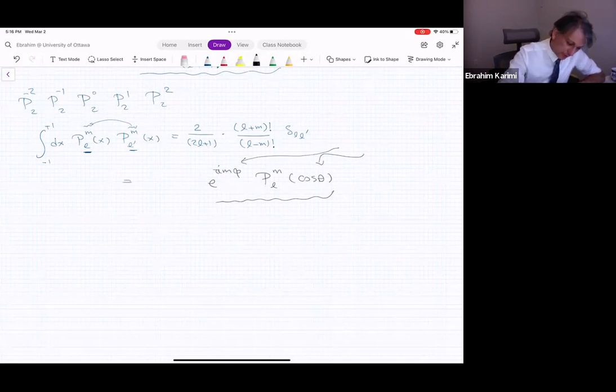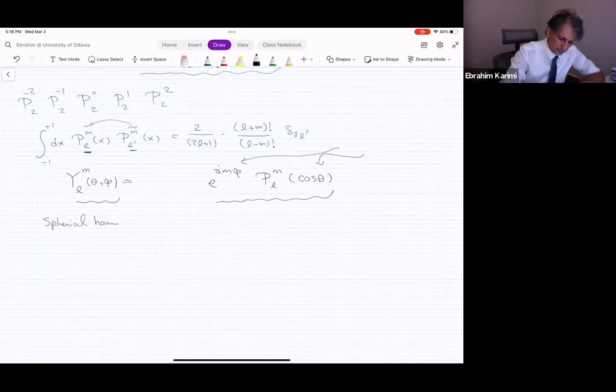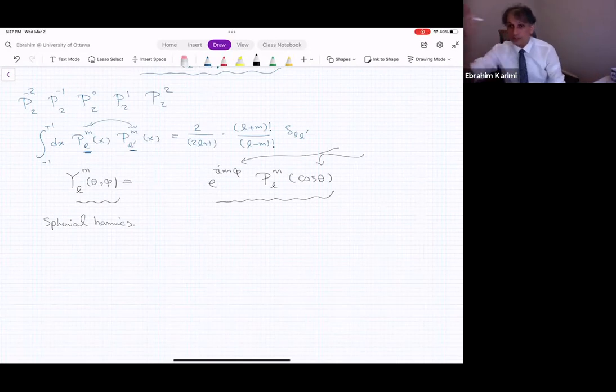So let's build up another function, which we call Y_L^M of theta and phi. And we call these spherical harmonics. First of all, it is in spherical coordinates. It depends on theta and phi. That's the reason they call it spherical. And why do they call it harmonics? Because of this first term.